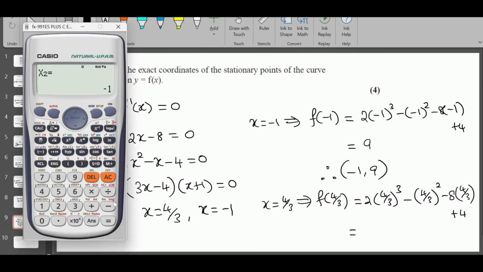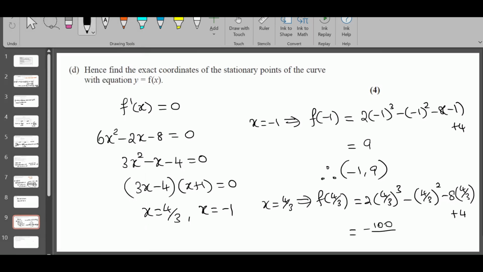Let's calculate this carefully. 2 times 4 over 3 whole cubed, minus 4 over 3 whole squared, which is 16 over 9, minus 8 fours are 32 over 3, plus 4, is minus 100 over 27. That's another point: 4 over 3 comma minus 100 over 27.